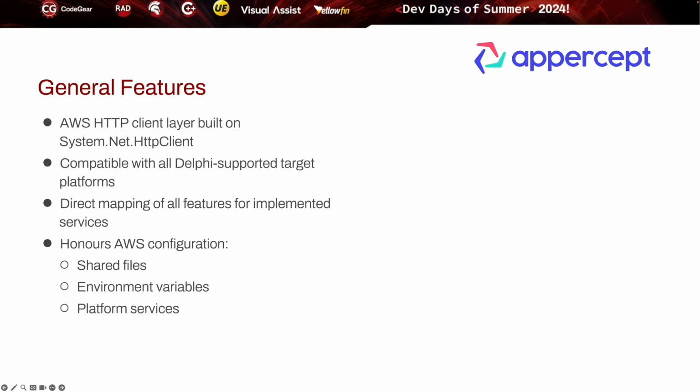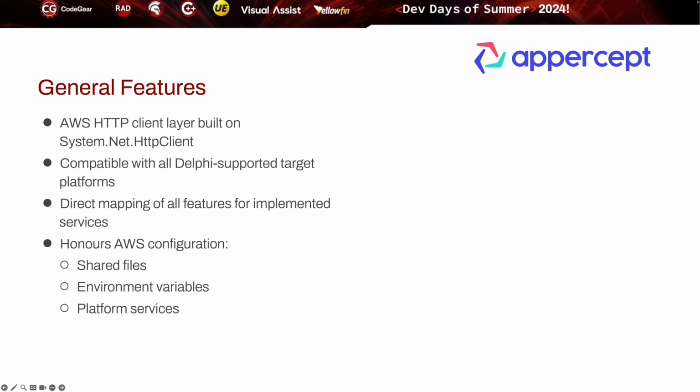We load that same configuration data, whether it's from shared files in the common AWS locations, or through environment variables. If you've got a task that's running on an EC2 instance or a Docker task running on ECS, you will often find applications being configured through environment variables. We support that.